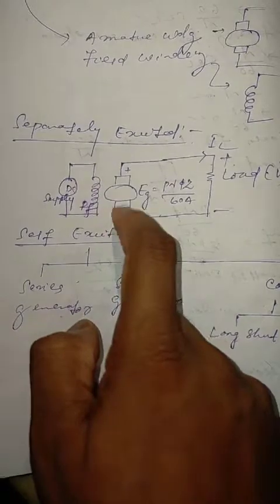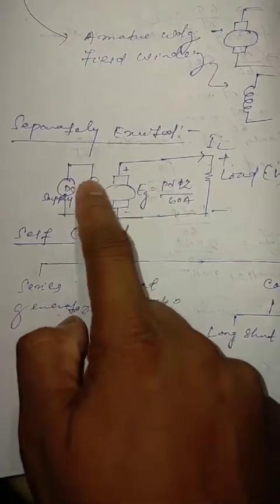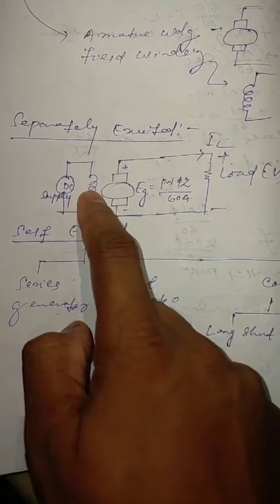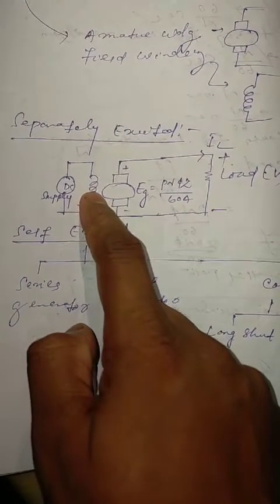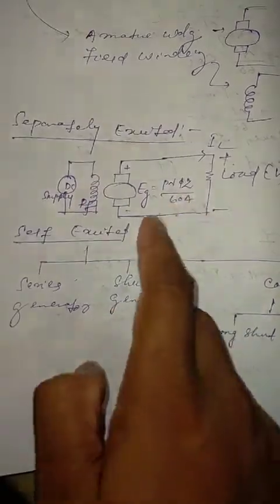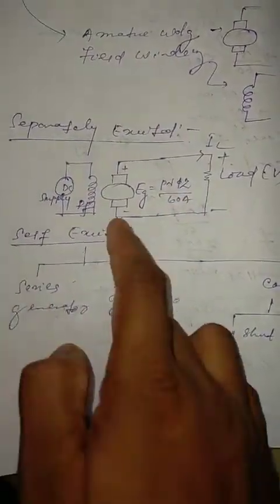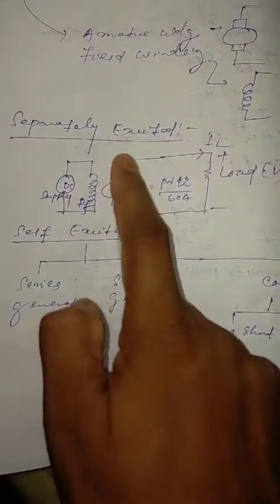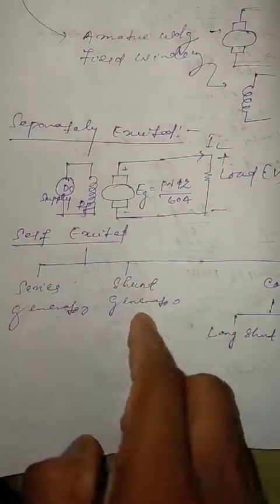Sometimes one field winding will not be sufficient. Once one is damaged, the other field winding will act, so in that case we have two field windings. That is known as compound. First, series: we have the armature in series with the field winding. Shunt means in parallel with the armature part.